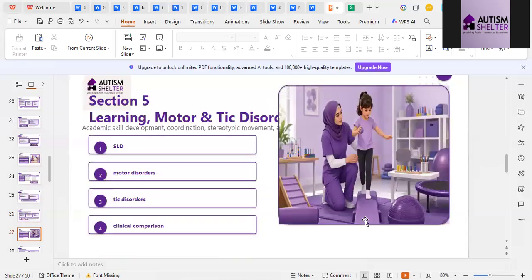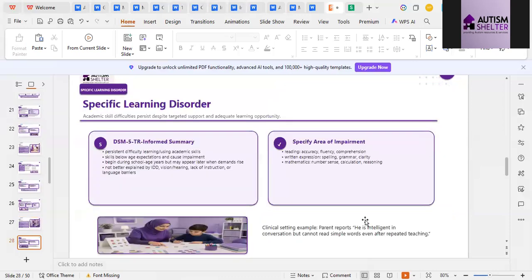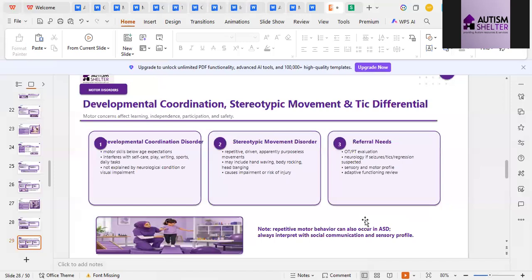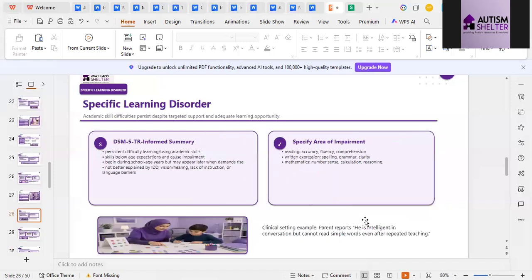Let's go to the most important thing: learning, motor, and tic disorders. For learning there's the academic domain of life, and then the motor and tic disorders. Let's go to specific learning disorder. In the name, the word "specific" is written.